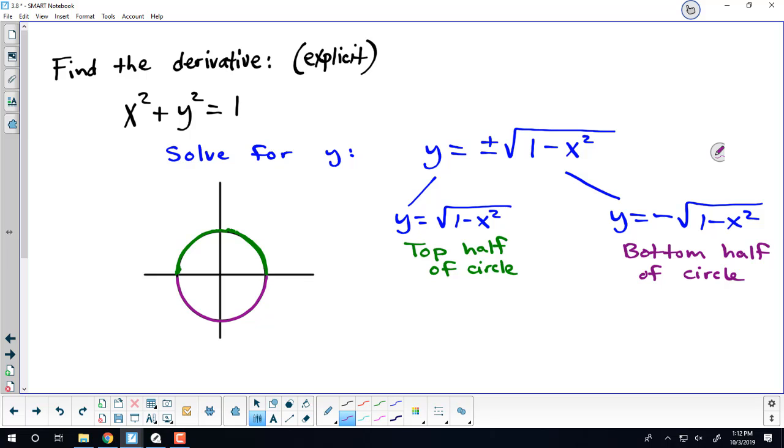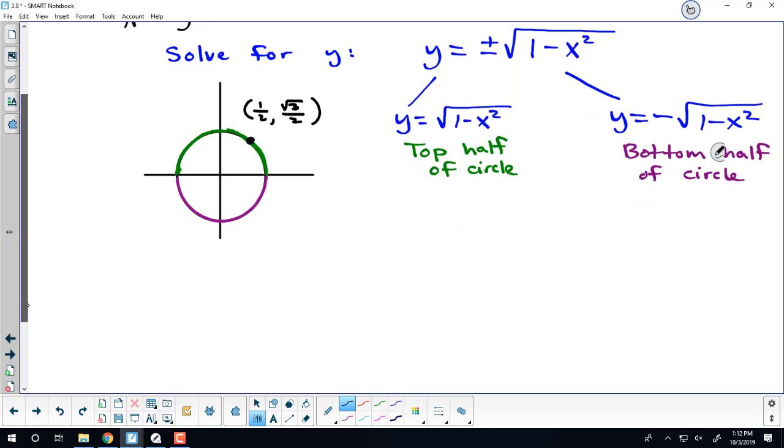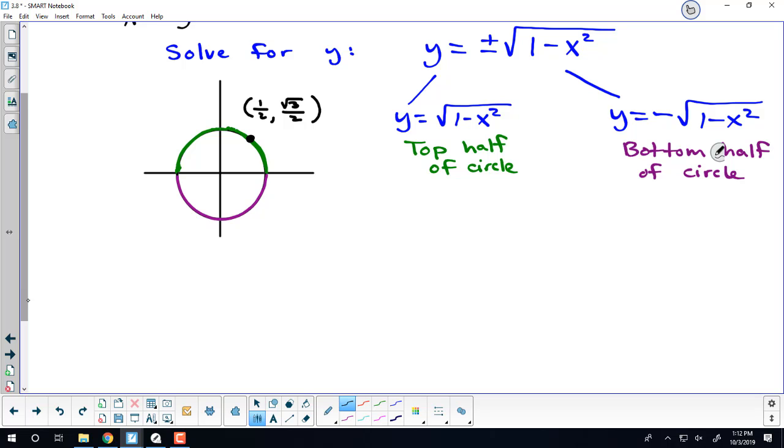Because we're going to have two different derivatives, because we have two different equations. Like the point 1/2 comma root 3 over 2. If I wanted to find the slope of the tangent line at that point, then I need to look at the derivative of the positive root of 1 minus x squared.